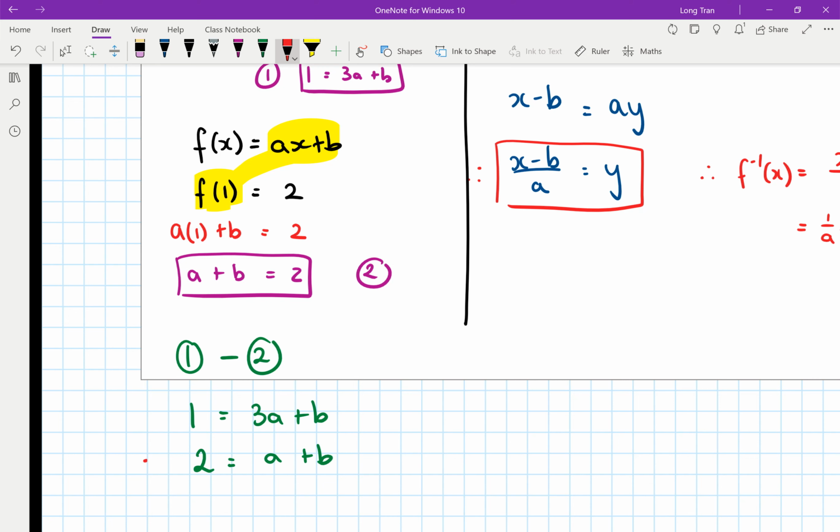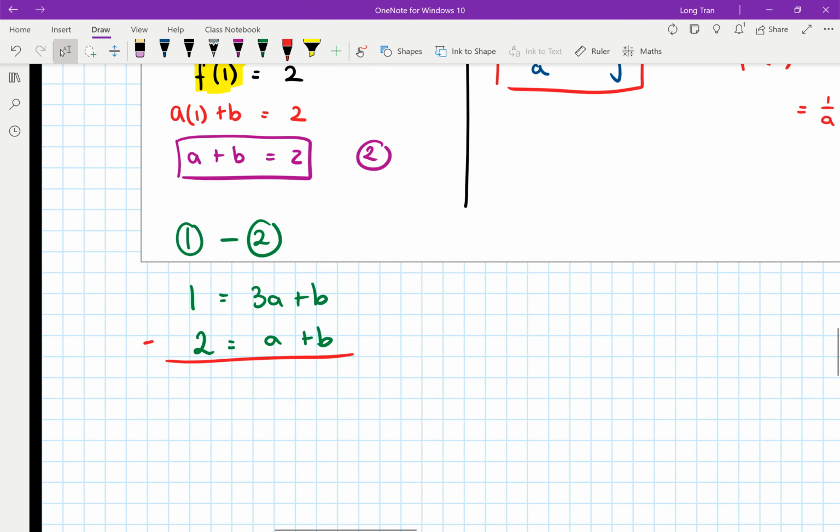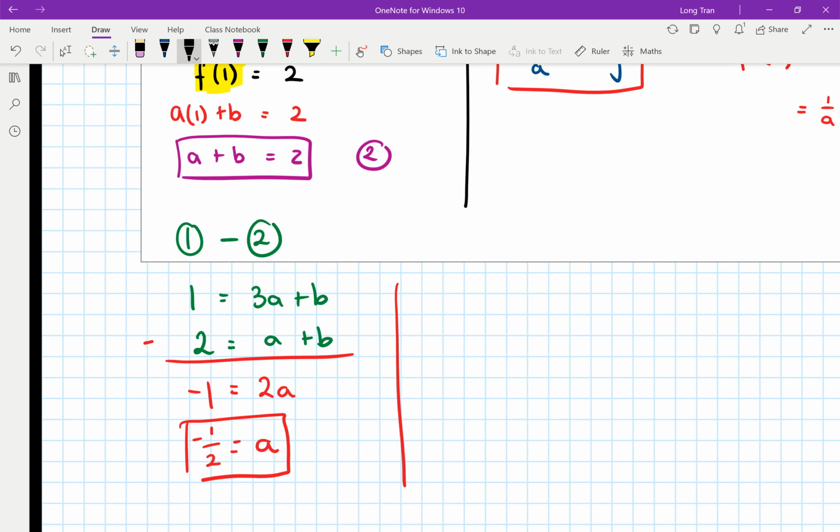Using elimination method, I'm going to find the difference between them. 1 take away 2, so equation 1 take away equation 2, which ends up being 1 take away 2 is negative 1. And 3a take away a is 2a, b take away b cancels out, so a must equal to negative half.